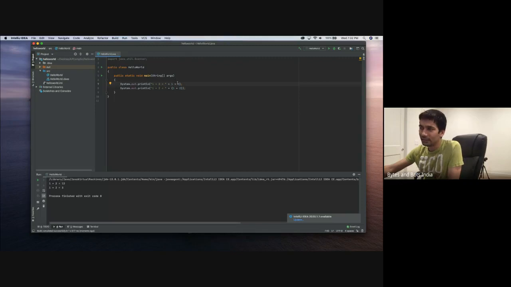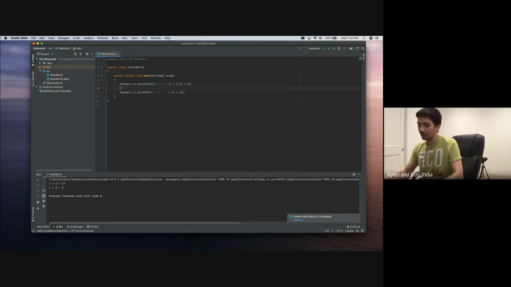What Java did is it came here. It decided to first evaluate this part, right? When it tried to do that, it saw there's another plus. So it tried to evaluate this first, and then it tried to evaluate that. So this is a string, and this is a number. So it will do a concatenation.